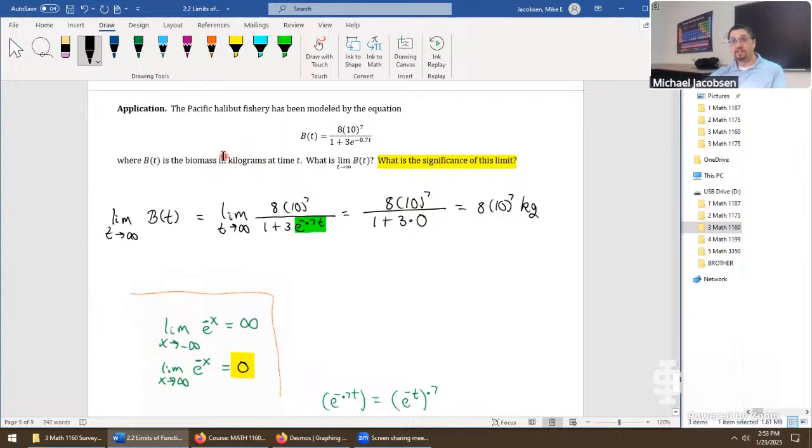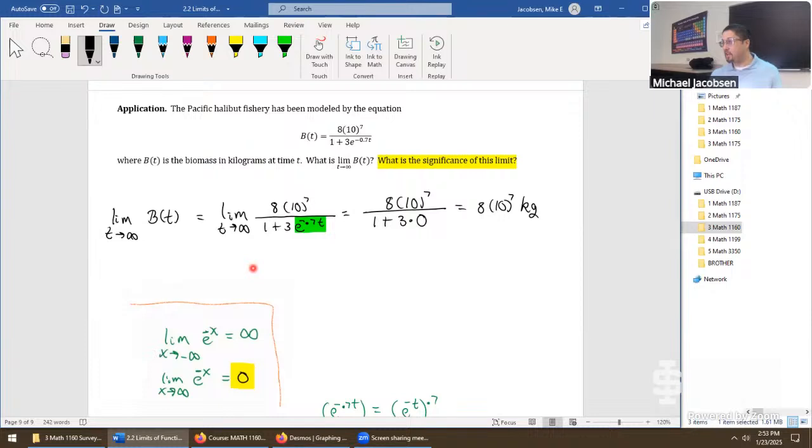As time goes on, we expect the biomass to increase, and the limit says it increases up to this amount. So this is the maximum amount of biomass your halibut fishery could ever obtain. And now you have a sense of what the revenue might be year after year if this is the maximum value. We need to write down a statement that follows that.